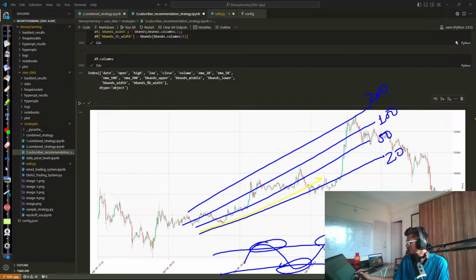Okay, so once we have that visual perspective, know what is going on, then we write the long and short entry. We got to see it first.